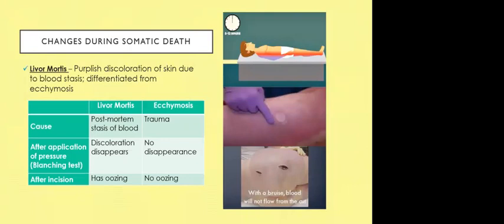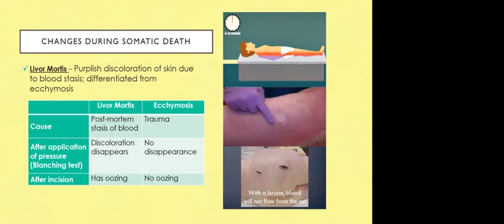And after application of pressure, or we term that one as blanching test, if it's a discoloration due to livor mortis, the discoloration will disappear, just like in the picture that we have. But for the ecchymosis, there is no disappearance of the color.